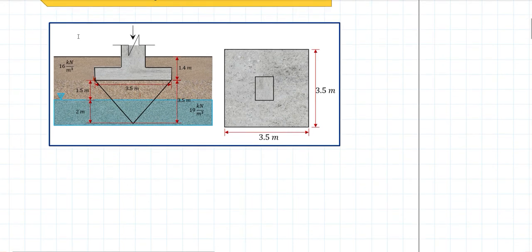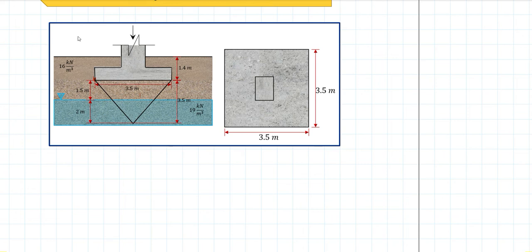So, syempre square na to, so ang mangyayari is mag-iiba na yung gamit natin na equation for our soil bearing capacity.